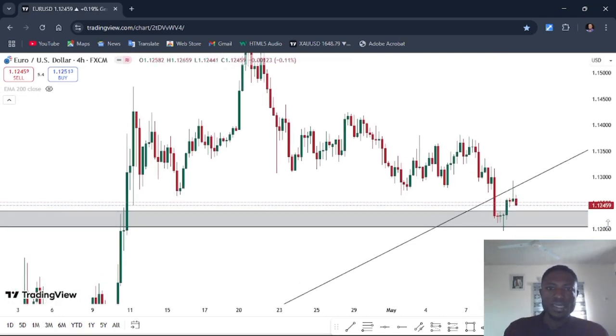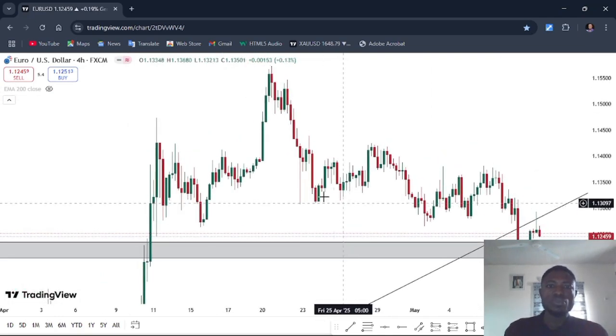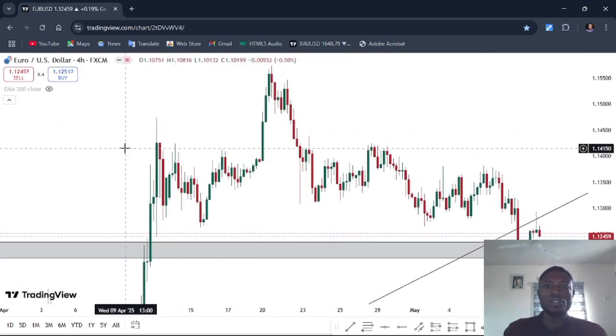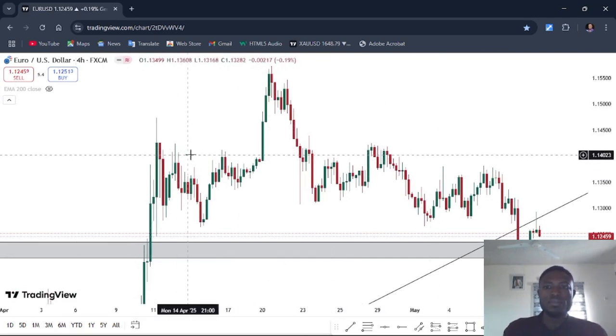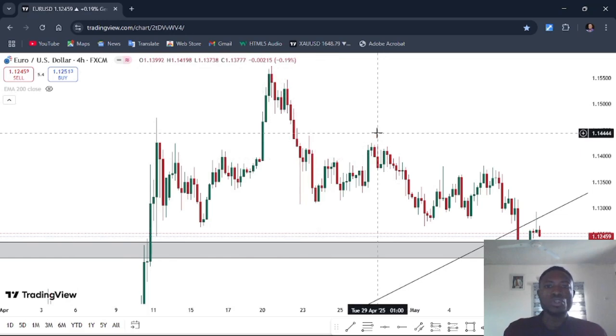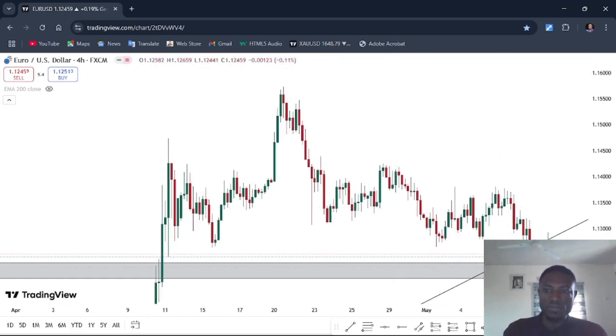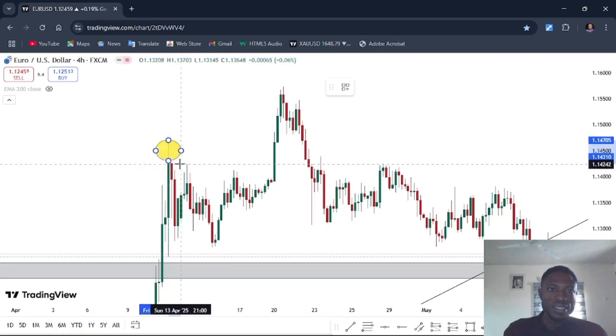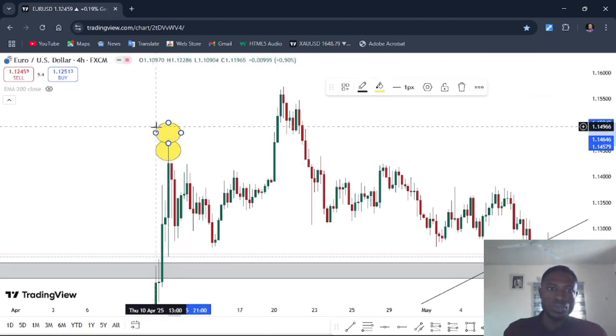Aside from that, price has put in a head and shoulder pattern. Price did not just put in a head and shoulder pattern. For those who cannot see it, this is what a head and shoulder pattern looks like.